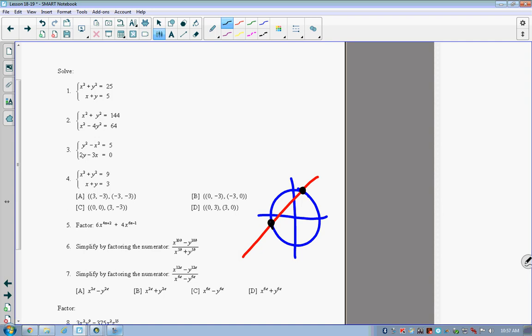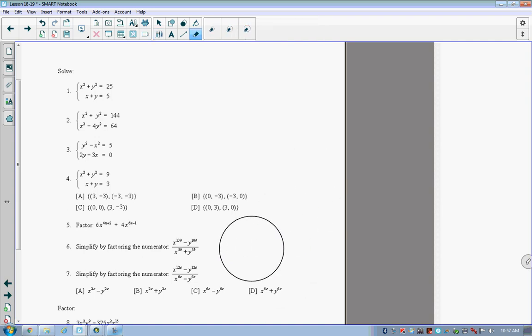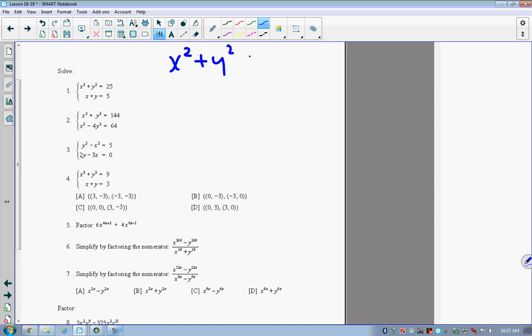In all of the equations I've looked at over the years of going through this, every time I find there are 2 answers, or 2 sets of coordinates. So you should wind up with 2 x values and 2 y values. This is the process we take for solving when we have a circle and a line. We've got x squared plus y squared equals 25.